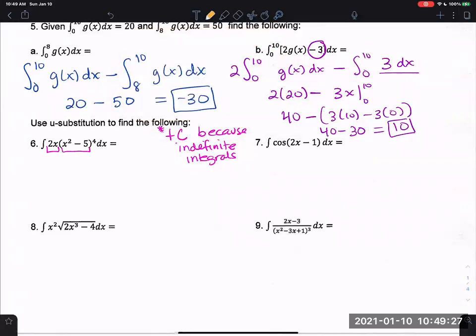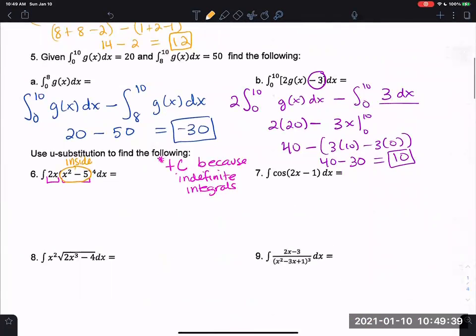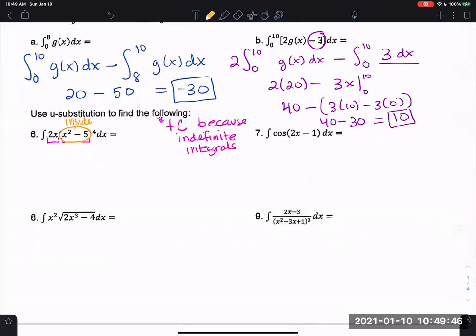So if we look at the same exact problem, this is my inside function, right? And that is the one that we determined we are going to take the derivative of, okay? If we go right down below to 8, before I start doing any more of the process, let's look at problem 8.